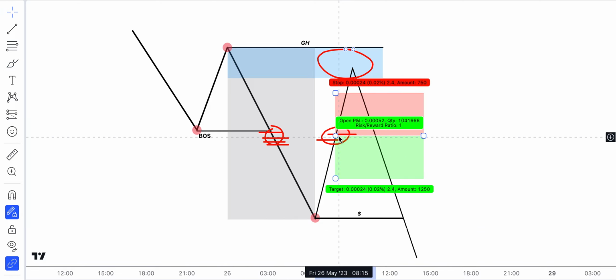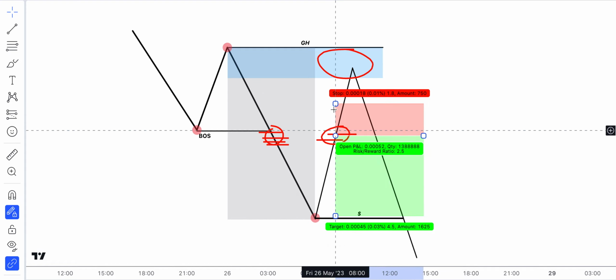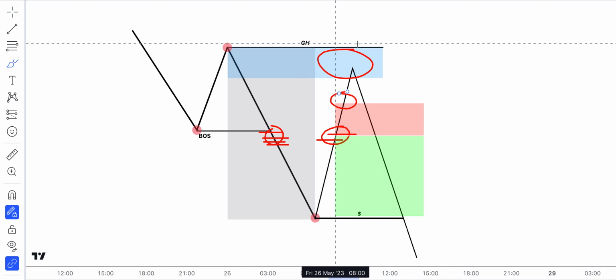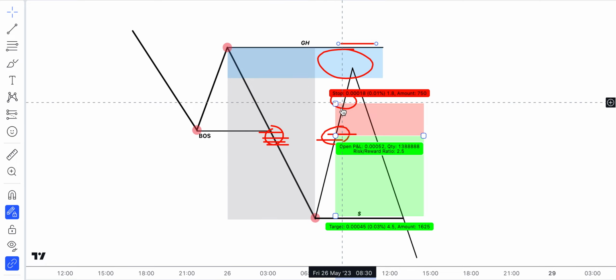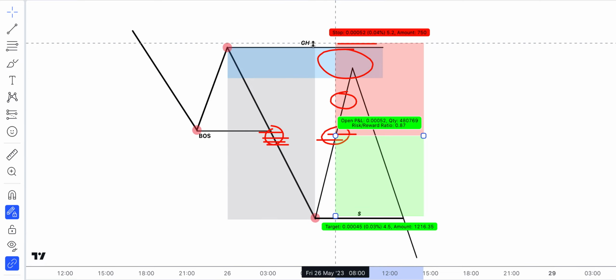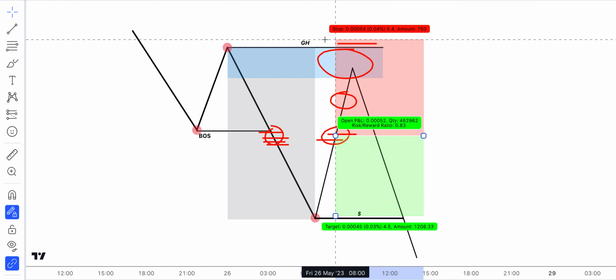So if you're selling on the retest, selling on the break, if you've got a stop here, you're just going to get run over. If you've got a stop above here, the guarded high, or halfway between, you're still getting stopped out, even if it's above the guarded high, right? Price can still come and wick above the guarded high, still stop you out.